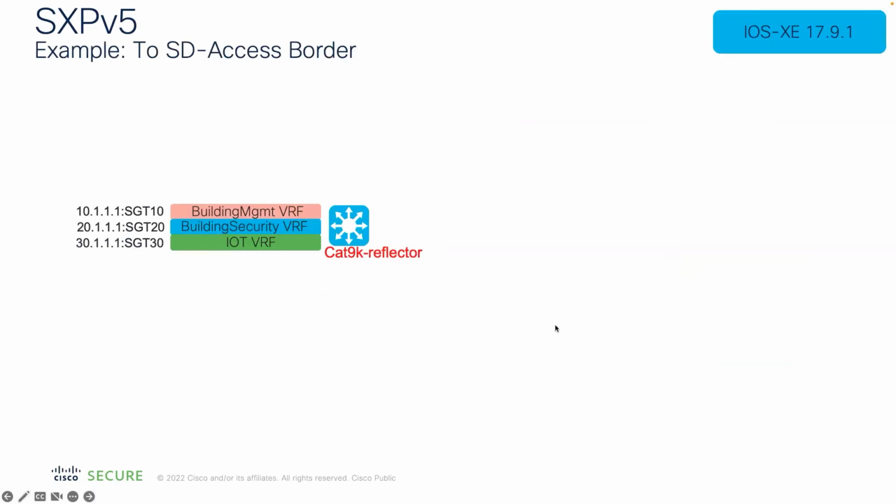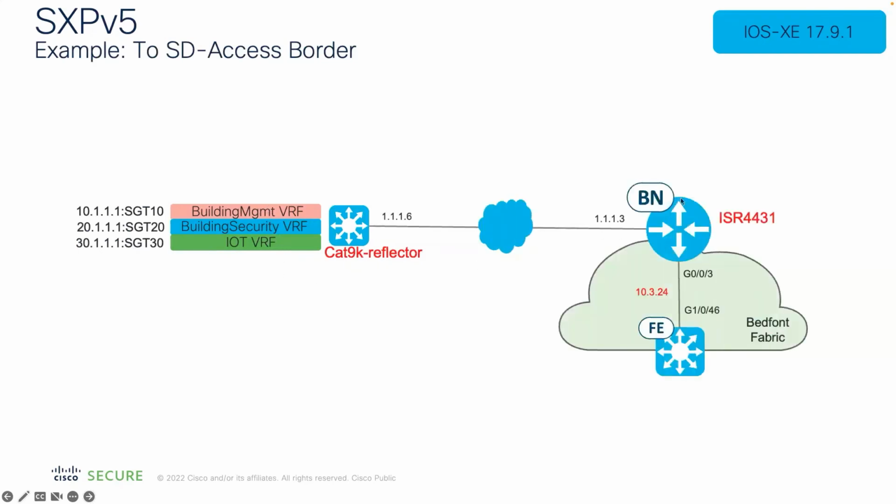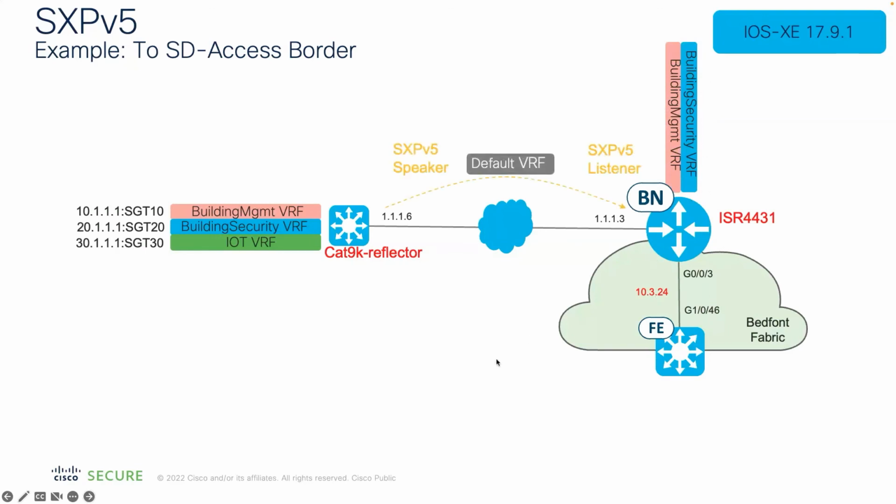So this is an example of how this works. You've got a reflector here with 3 VRFs, and we want to send mappings down to a border. The border only has 2 VRFs on it within this fabric, building security and building management, and we want to send mappings down through SXP.